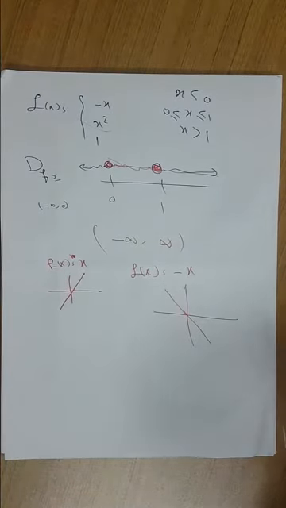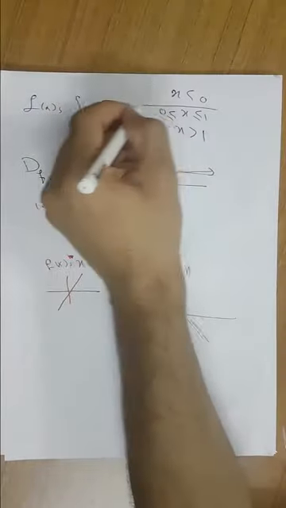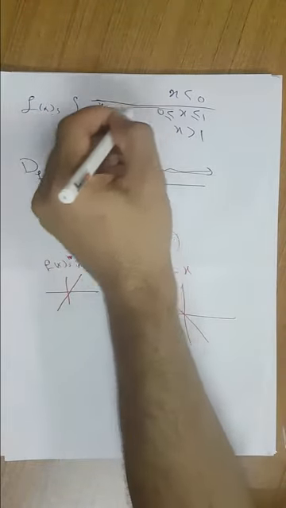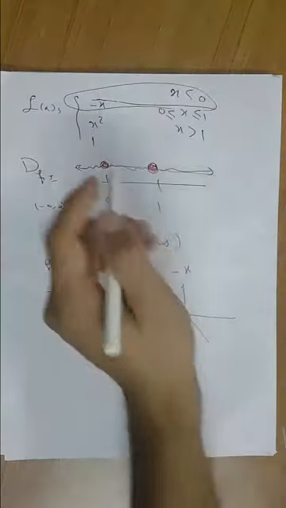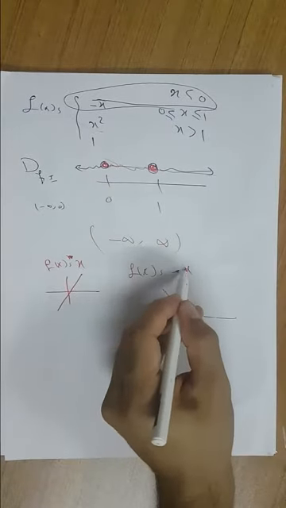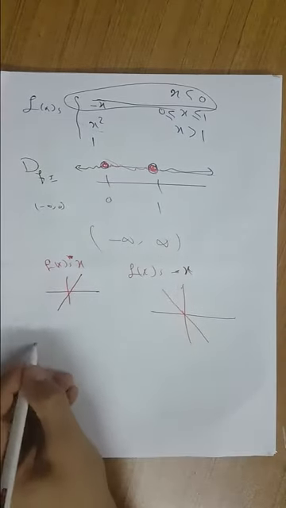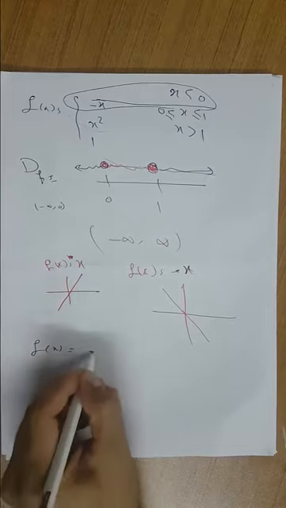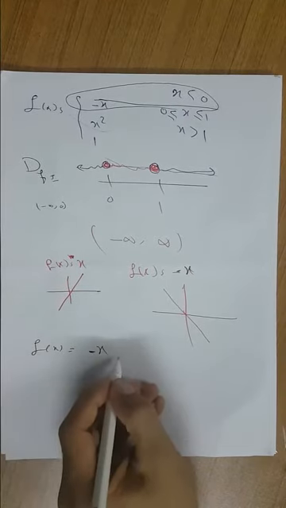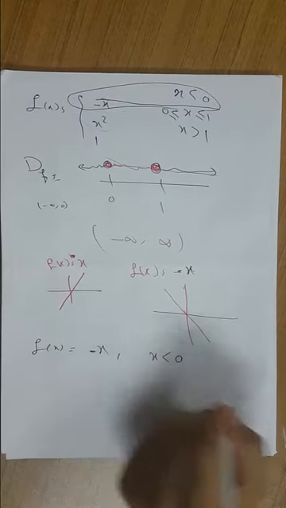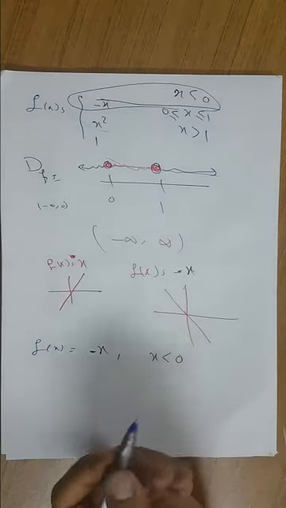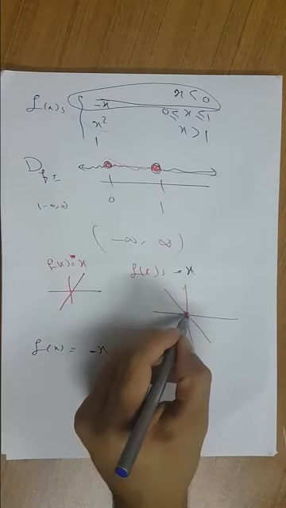Okay, now I have a condition here. Look, I have a condition on the graph. It says f of x is equal to minus x, but what is the condition? x less than 0. It means where is x less than 0? Here's x less than 0. Here's 0.